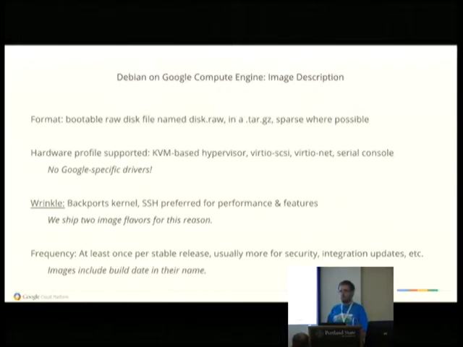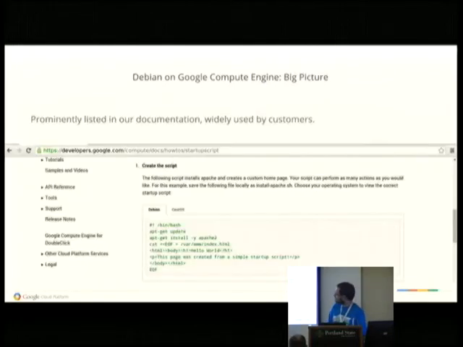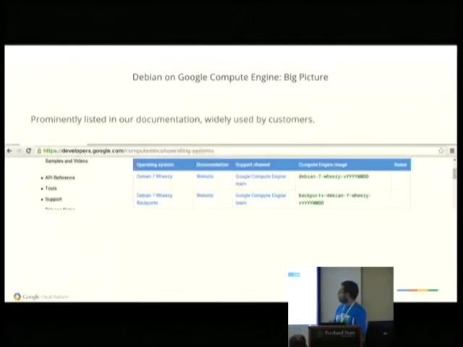There have also been lots of improvements to the SCSI driver. We ship two versions of Debian, as I showed a few slides earlier. One version just uses stuff from stable, because it's Debian, we should offer Debian. Another version includes the kernel and, for performance reasons, SSH from backports, but it's still all from Debian as well.